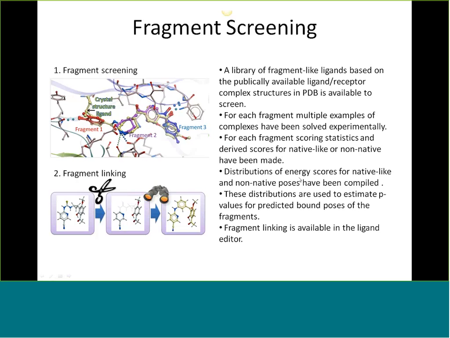You can screen this database, and you'll get a number of different fragments in the pocket. We also have a fragment linking option. Once you've identified fragments, you can then search a database of linkers to join those fragments together. I've just got a quick example for that.